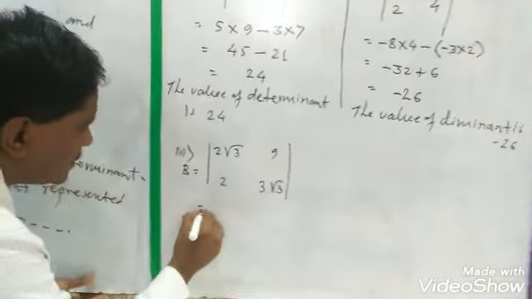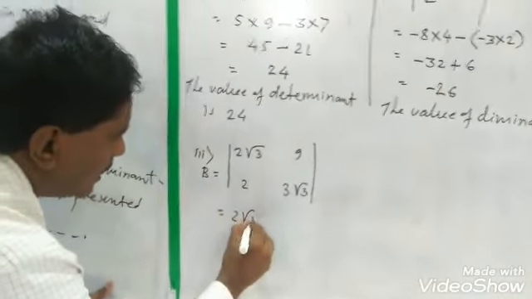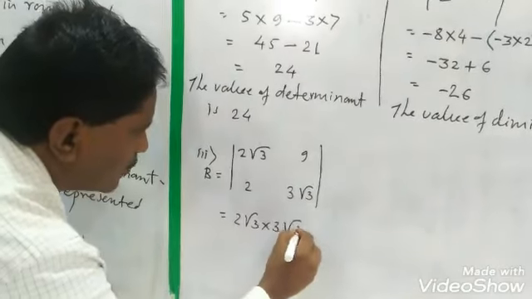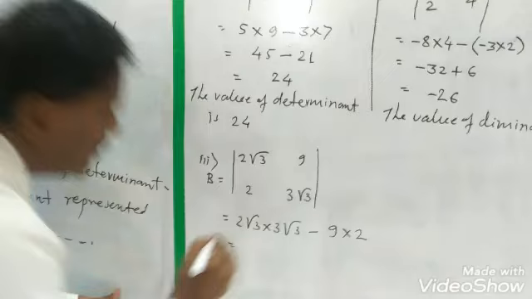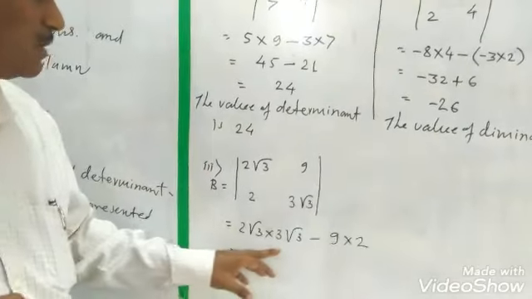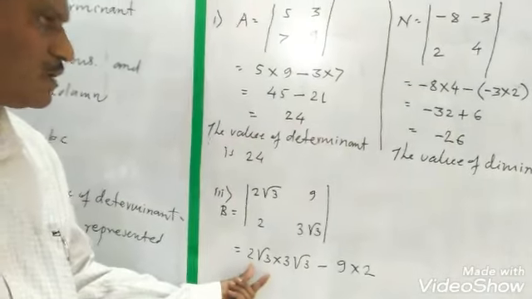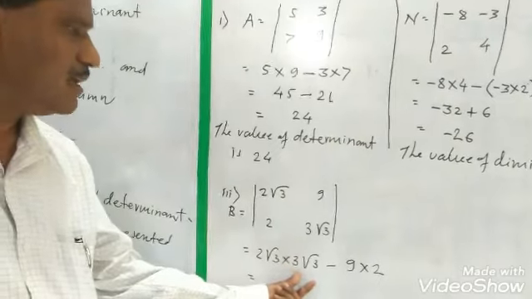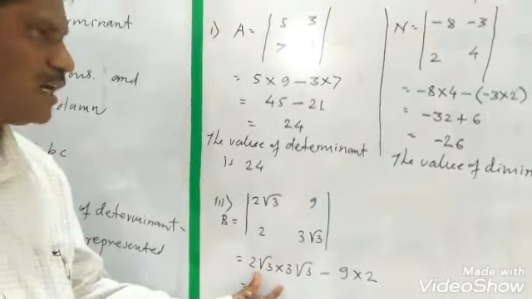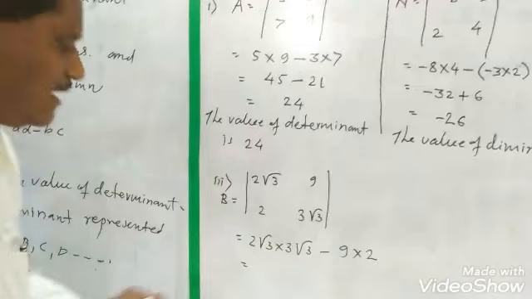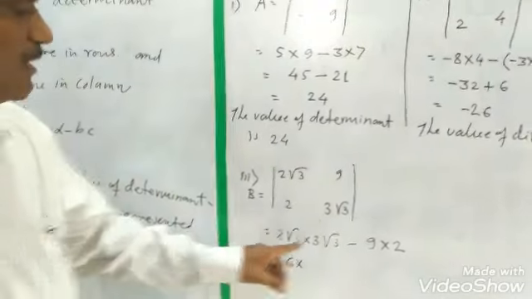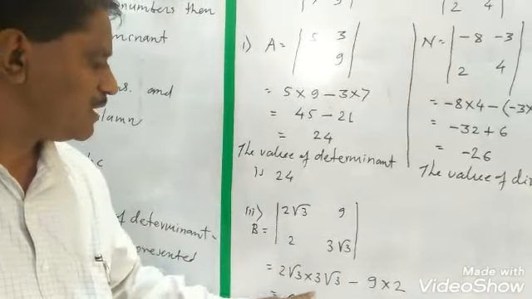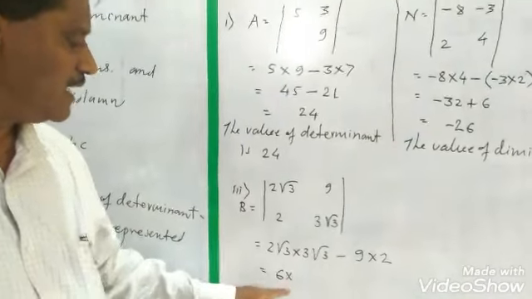So therefore is equal to 2 root 3 multiplied by 3 root 3 minus 9 multiplied by 2. 2 root 3 into 3 root 3: first multiply the coefficients, 2 times 3 is 6, and root 3 multiplied by root 3 is 3.